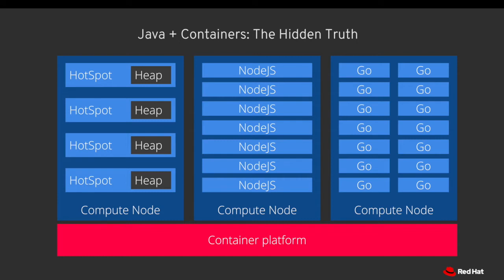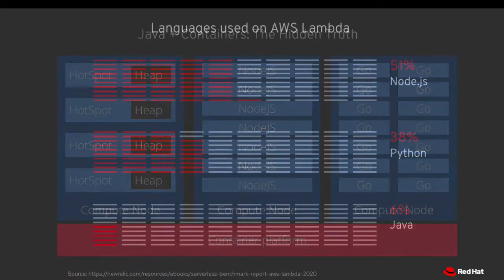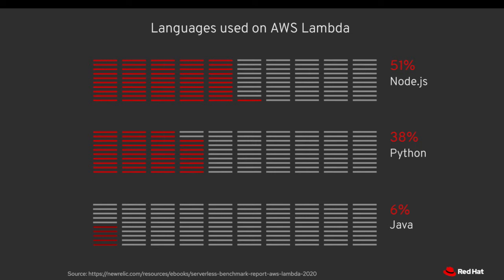Java uses lots of heap memory, but Node.js and Go give maybe twice or triple the density of a Java application with the same resource capacity. That's another reason why more people move to developing with Node.js and Python to implement serverless applications and functions on top of Amazon Lambda.